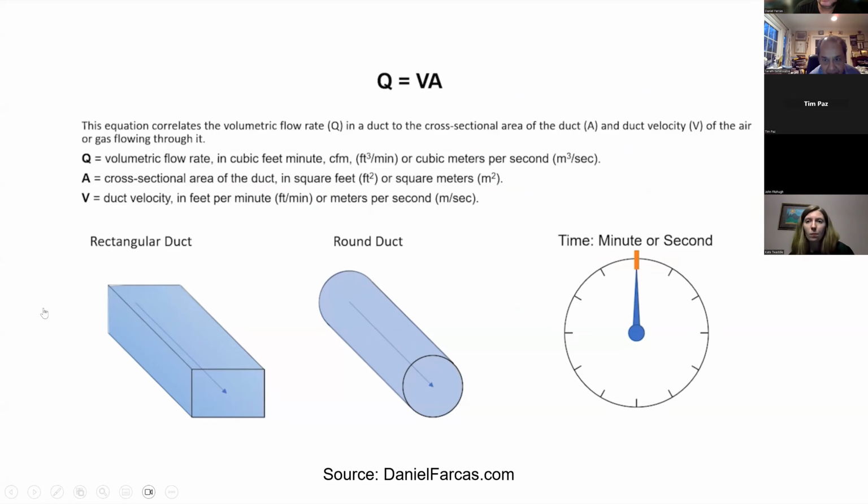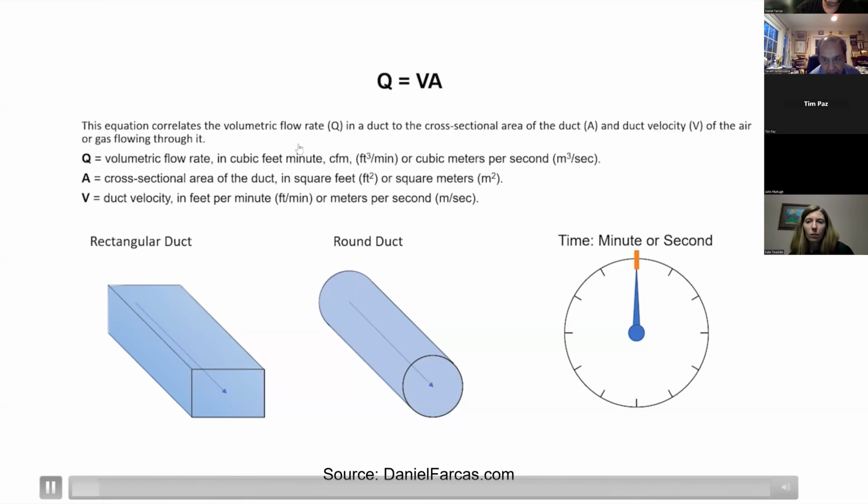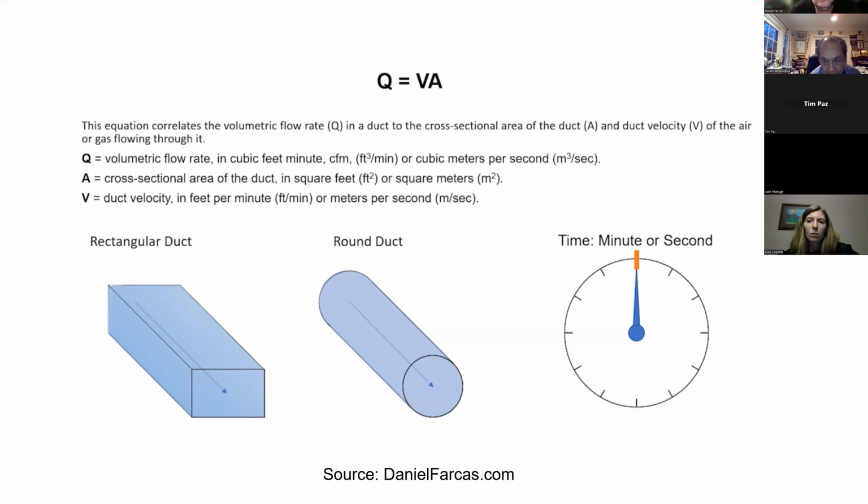The first equation is the volumetric flow rate in a duct. This equation correlates the volumetric flow rate Q in a duct to the cross-sectional area of the duct A and the duct velocity V of the air or gas flowing through it.